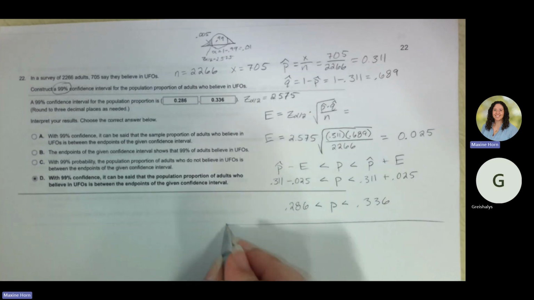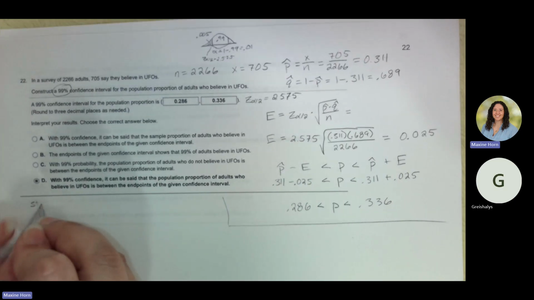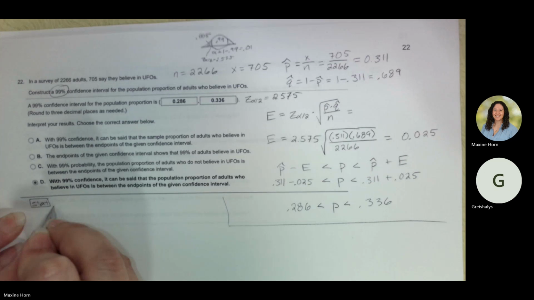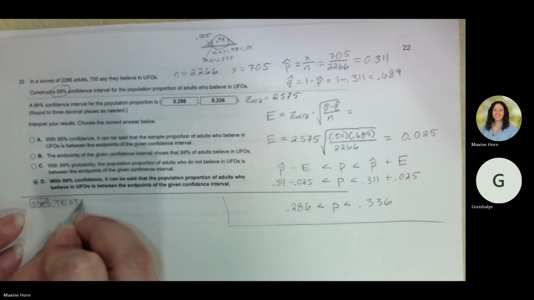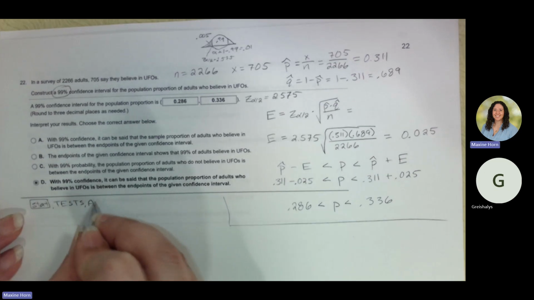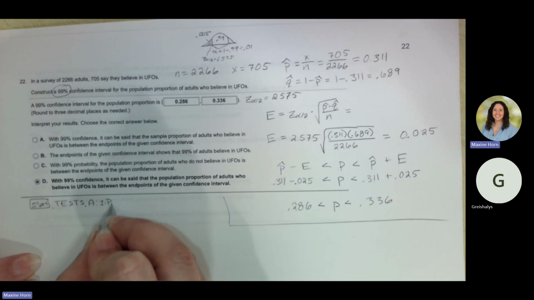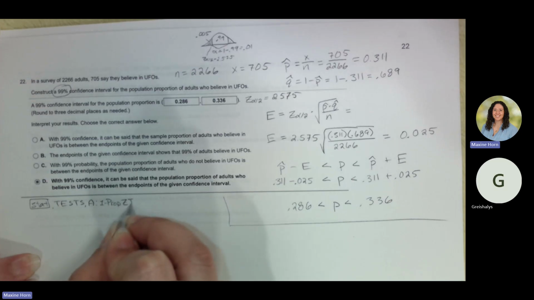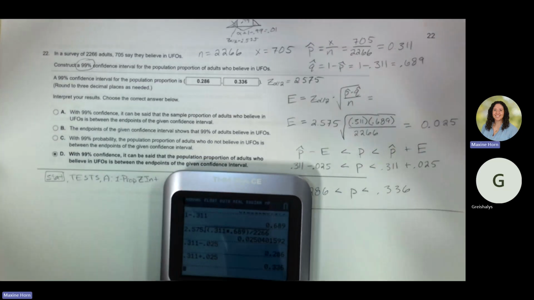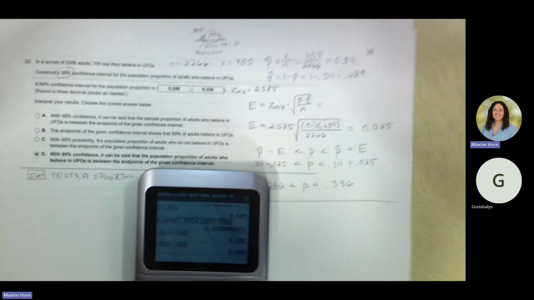Now we're going to do in the calculator, we're going to go stat, tests, then we're going to go alpha, which is 1 prop z int. Okay, zoom out just a little bit here.